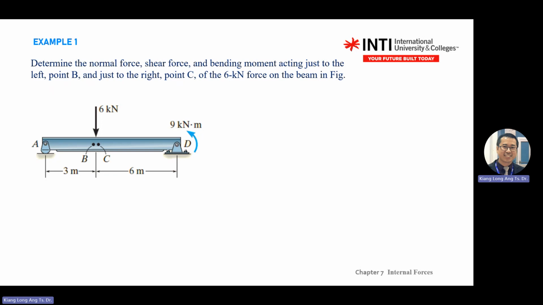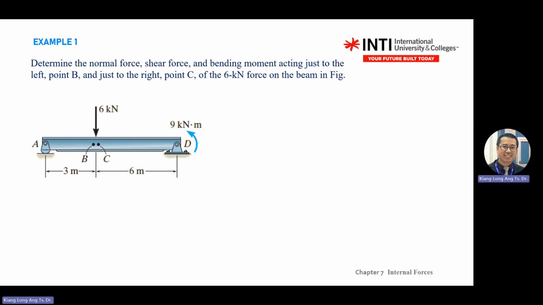The question asks you to analyze the forces just a little bit to the left of the 6 kilonewton force. So we start with the point just a little bit to the left. When you cut at point B, what do you see? You copy the external forces.